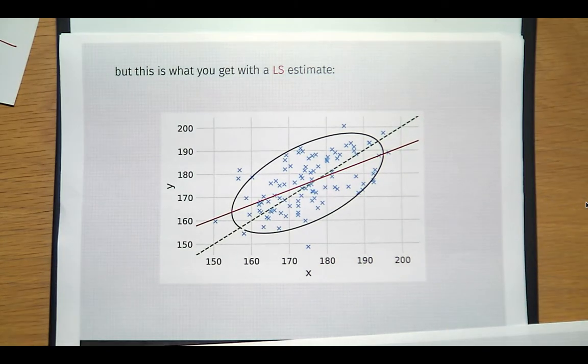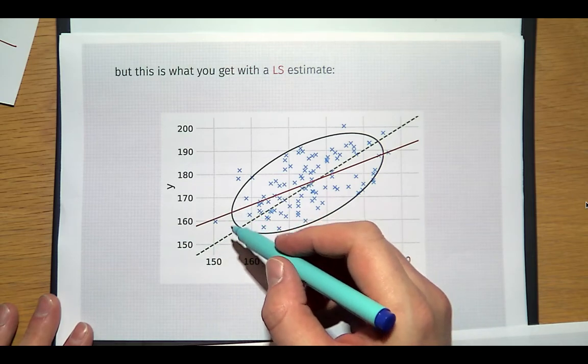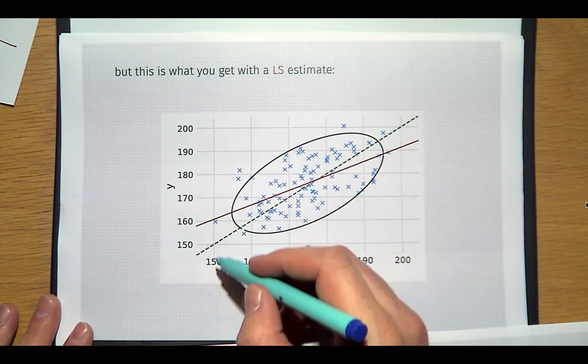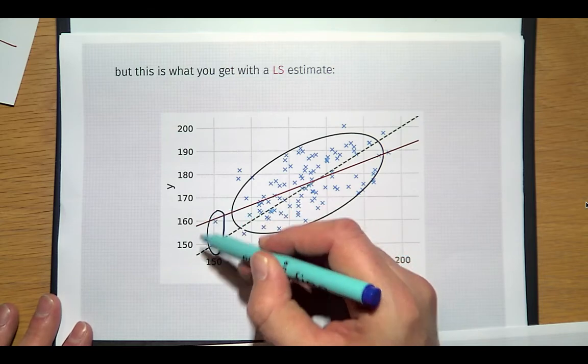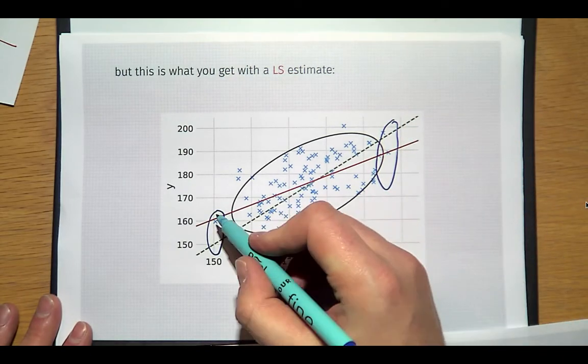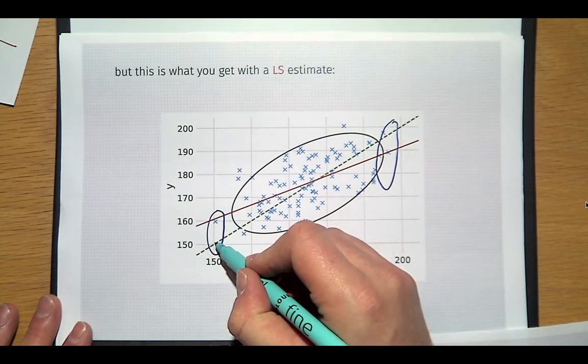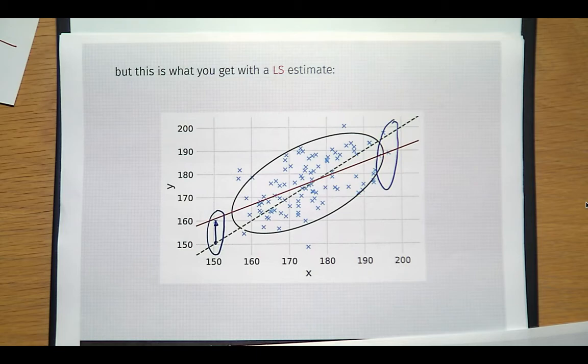And the red line basically means that if you have a value that is at the extreme, so if the parent is very short or the parent is very tall, then most likely your offspring will be, if you're very short, a bit taller, okay?